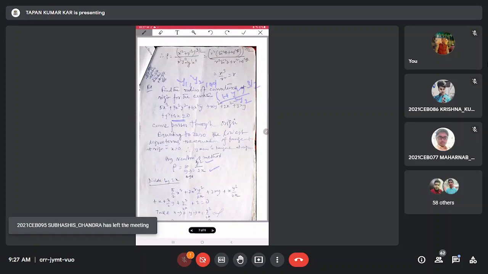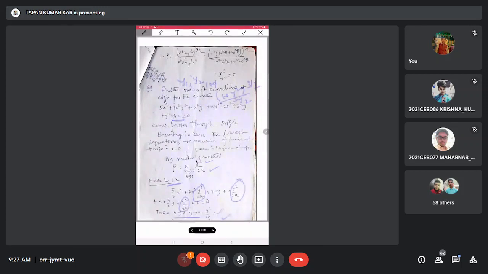Then the given equation is divided by 2x, because y square by 2x, as x tends to 0, y tends to 0, gives rho. Taking x tends to 0, y tends to 0, you will get y square by 2x equal to rho. If you take the limit, this is rho, this is rho.